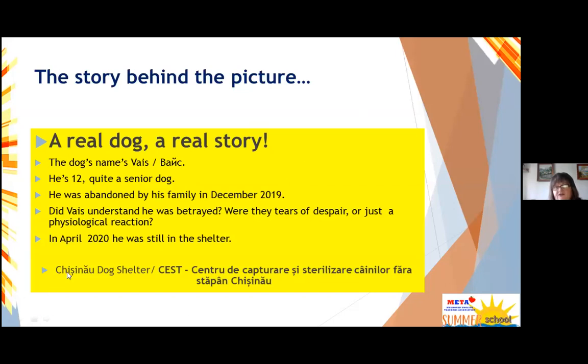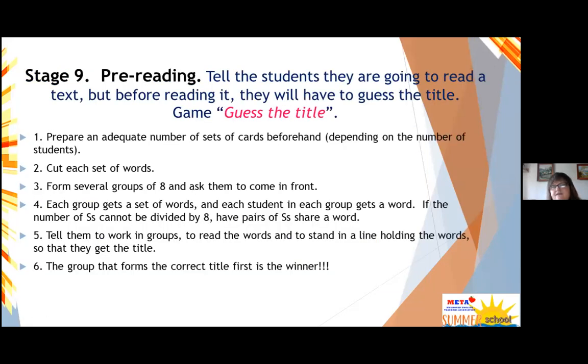This is Chisinau Dog Shelter, the Center for Capture and Sterilization of Stray Dogs in Chisinau. I will speak about it a little bit later as well. But I was so deeply impressed by the story of this dog that I wrote a text, a story. And I will share it with you a little bit later.